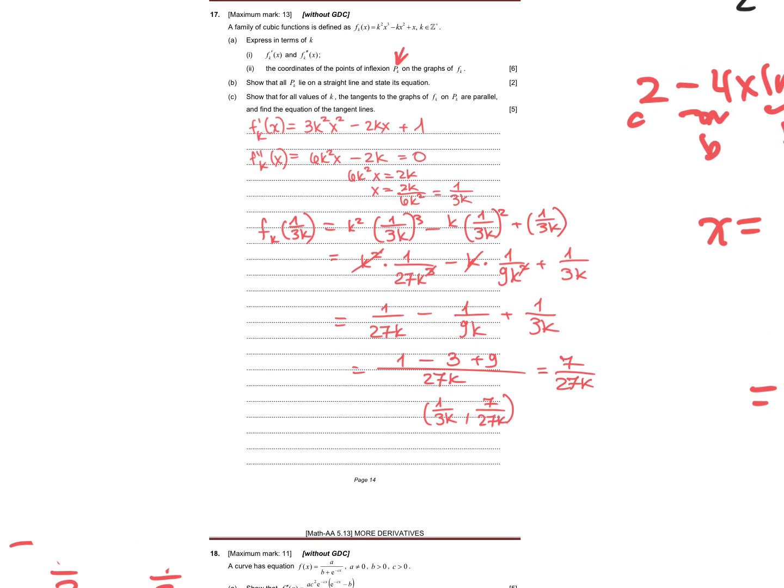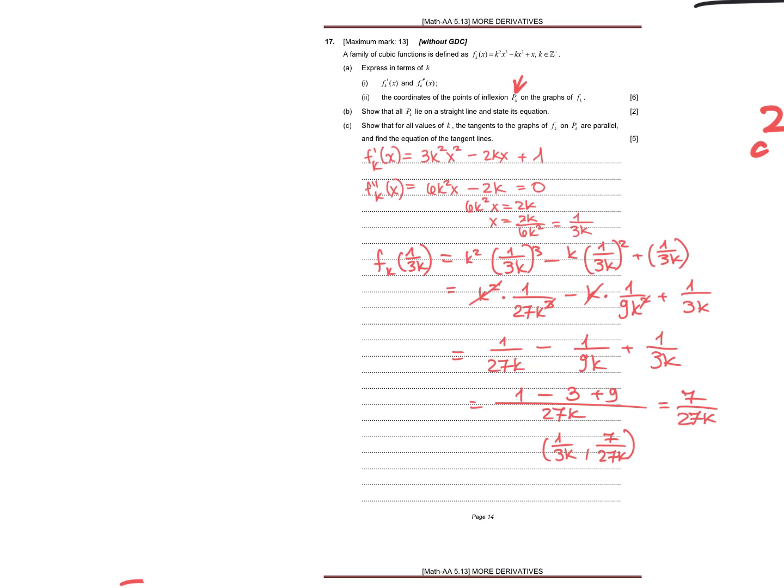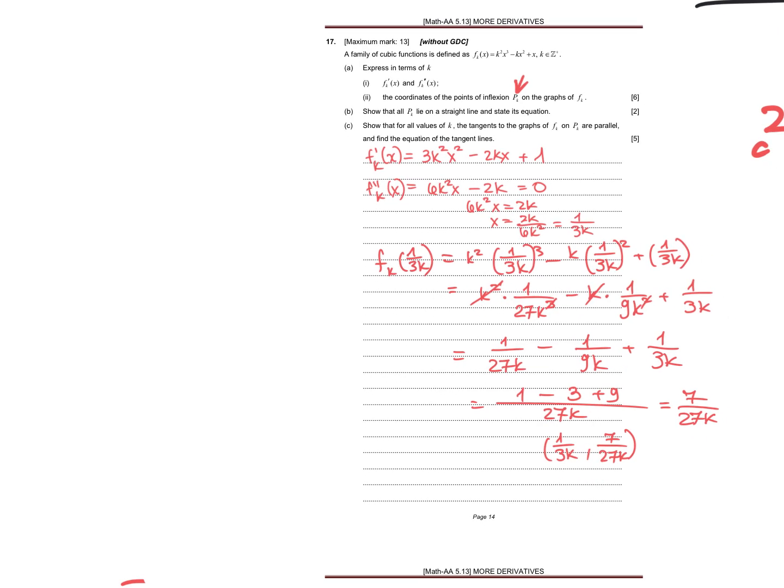All right, so show that for all values of k, the tangents to the graph of f of k on p sub k are parallel. So if we find the tangents to the graphs, okay, so we need the first derivative at 1 over 3k, which is going to be 3k squared (1 over 3k) squared minus 2k (1 over 3k) plus 1.